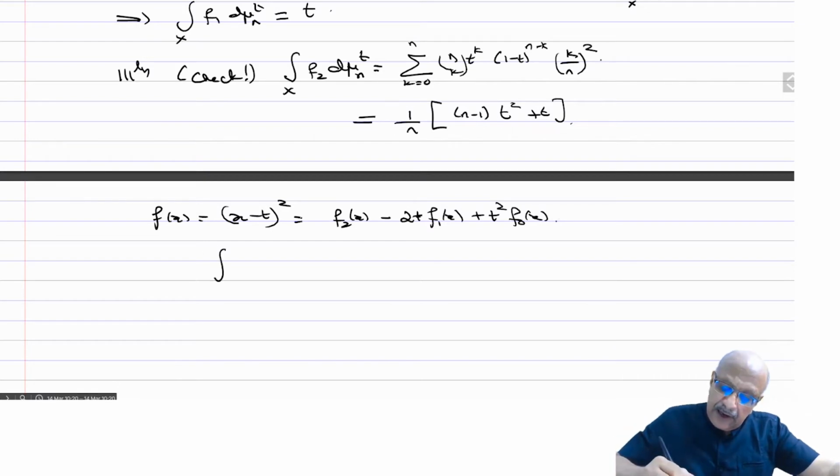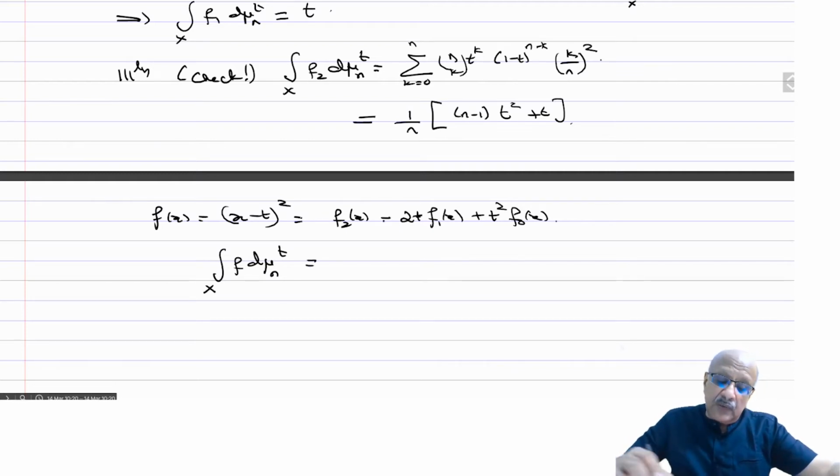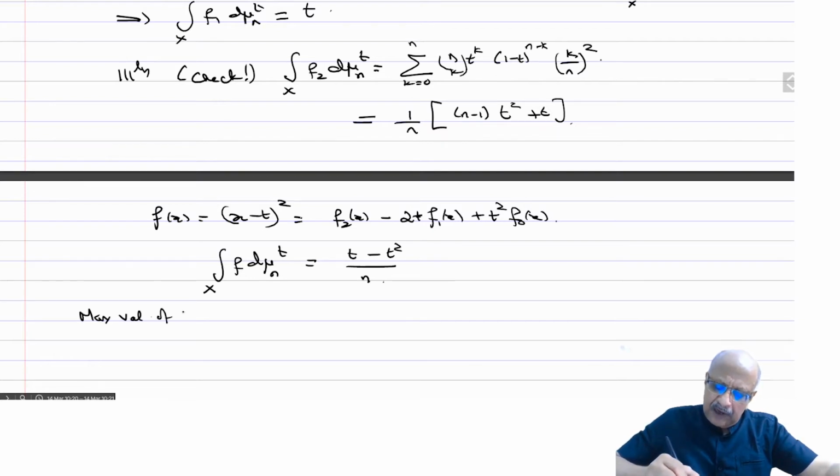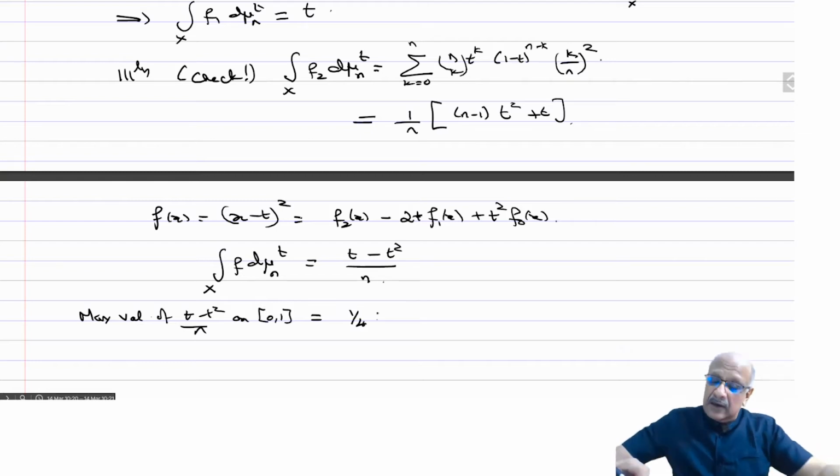And therefore, integral f d mu nt over x, if you substitute, we have calculated all these three things, you will simply get t minus t square by n. Now, maximum value of t minus t square by n on 0, 1, you can check by classical maxima minima, will occur at t equals half, so this will be equal to 1 by 4n.